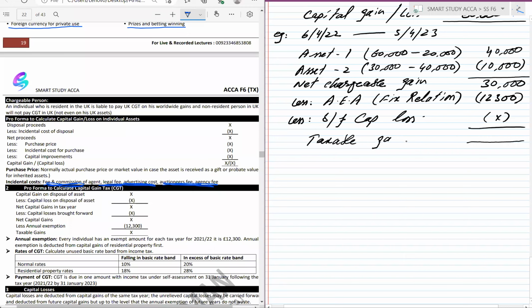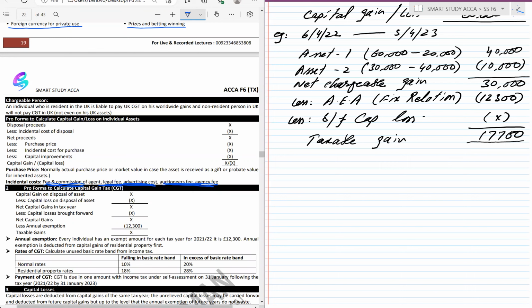This is the gain which is taxable, which is chargeable. We will have to pay tax on taxable gains of 17,700 pounds.